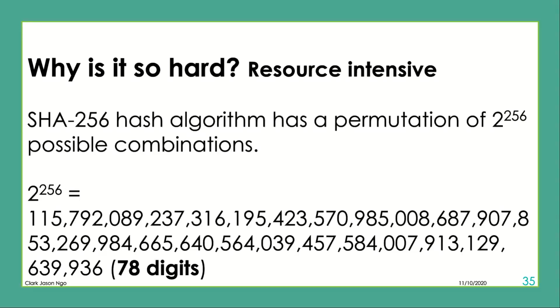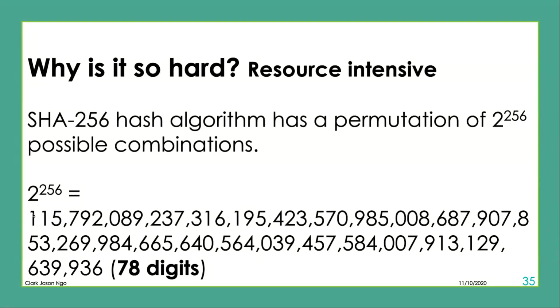We can just mention why it is so hard: because it is resource intensive. To solve that computational block, it requires 2 to the 256th power, the number of possible combinations to solve the algorithm.